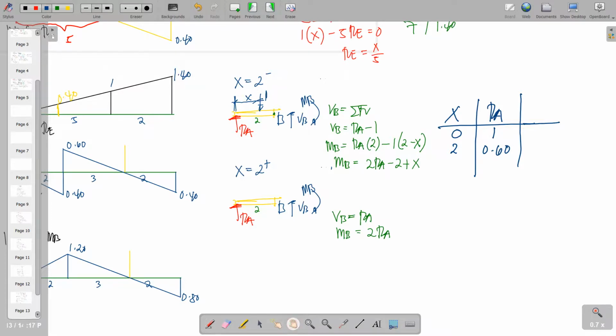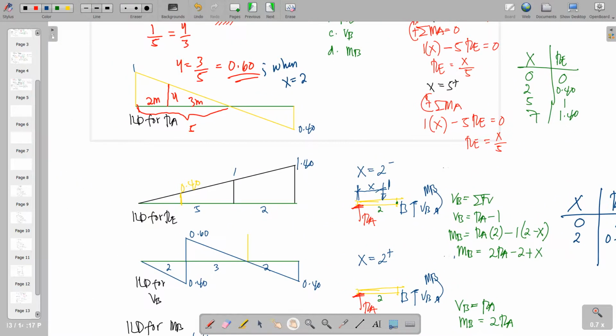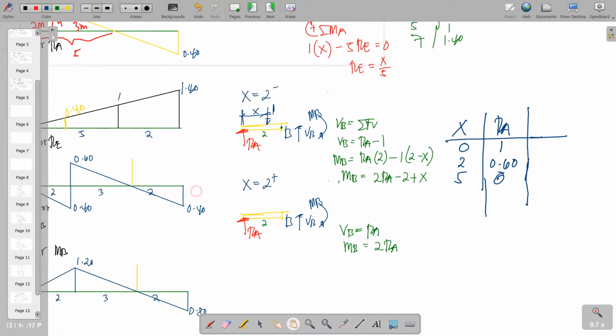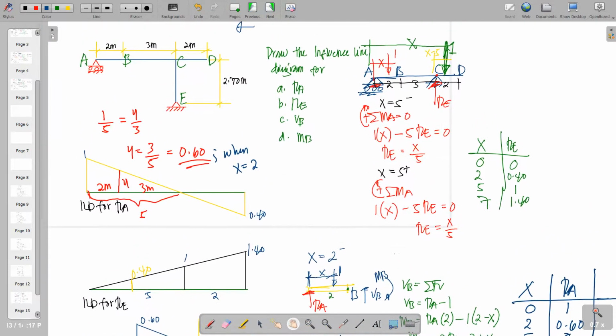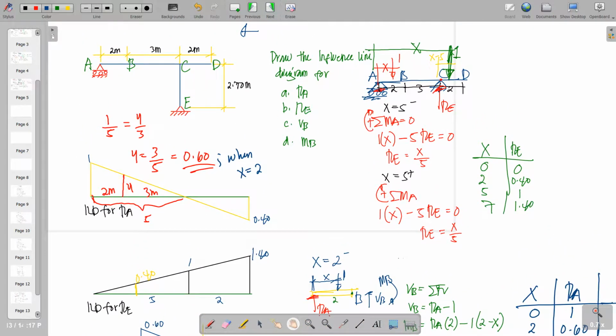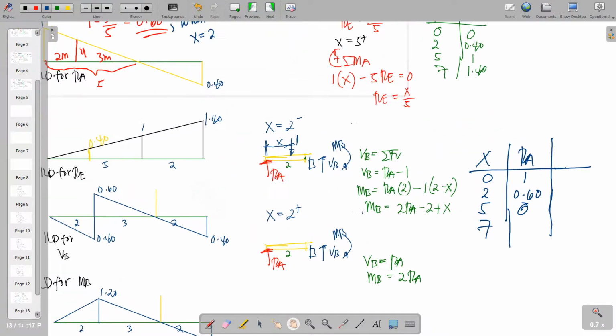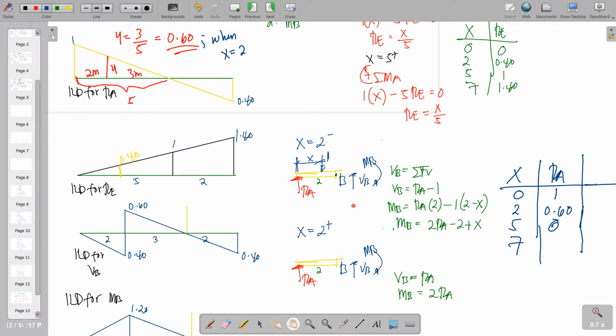And then when x is 5, 0. We have a 0 value there. And then after 5, x is equal to 7, and the value of our R is 0.4.